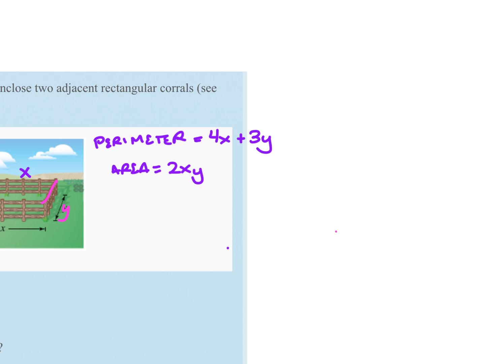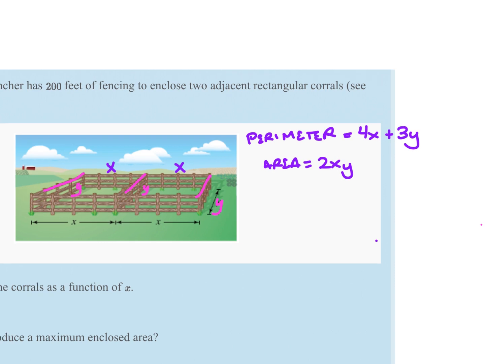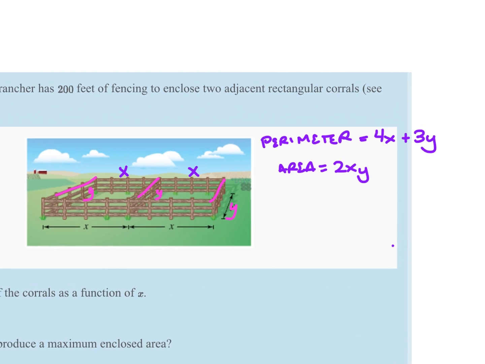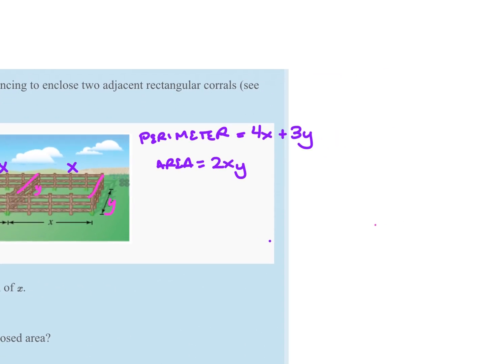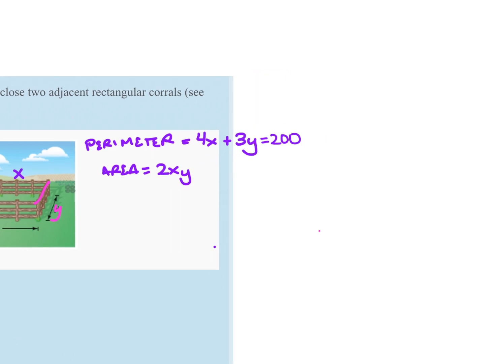So what we can do is first rewrite our perimeter, the 4x plus 3y. We also know that our perimeter equals 200. So we do know that number here. So what we're going to do is rewrite our perimeter formula by isolating y so we can use it to substitute into our area formula.